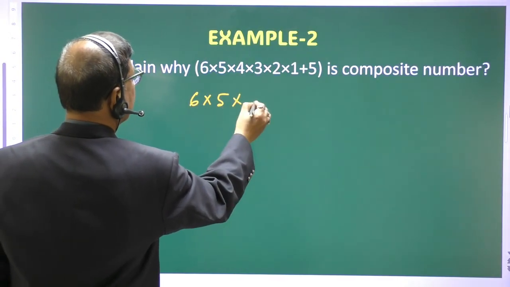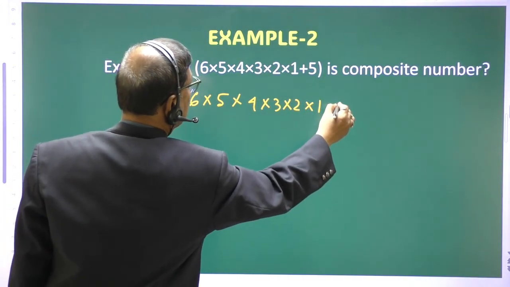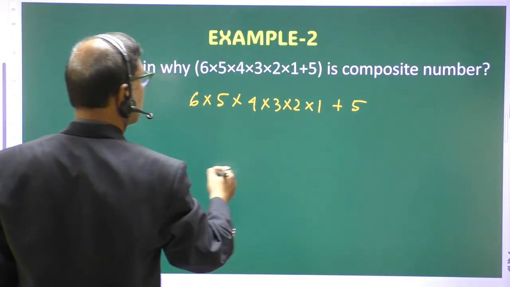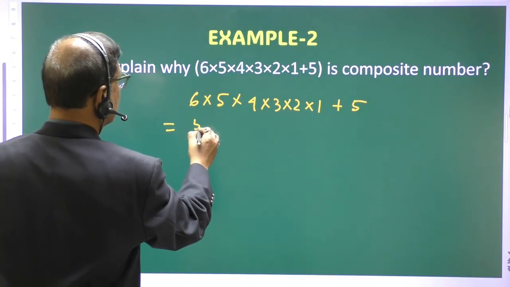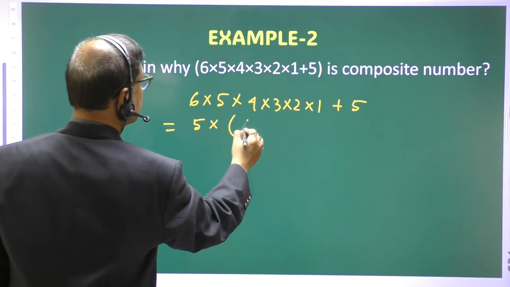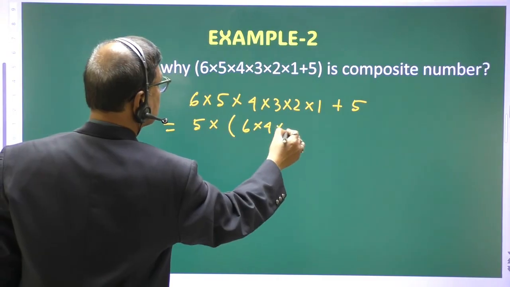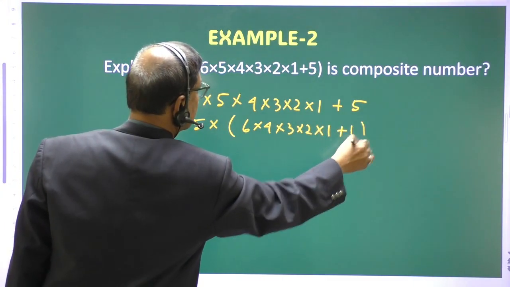6 into 5 into 4 into 3 into 2 into 1 plus 5. So what is the common factor? 5. If I take 5 common, then what is left? 6 into 4 into 3 into 2 into 1 plus 1.